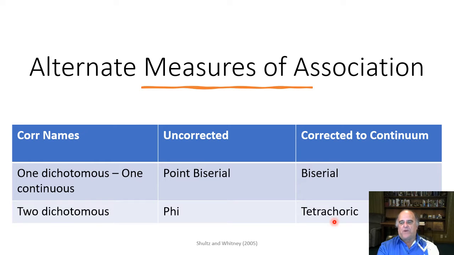So right now, all I'm pointing out to you is there are correlations other than the Pearson product moment correlation coefficient. Although actually, two of these will give you the exact same result as the Pearson product moment correlation coefficient.